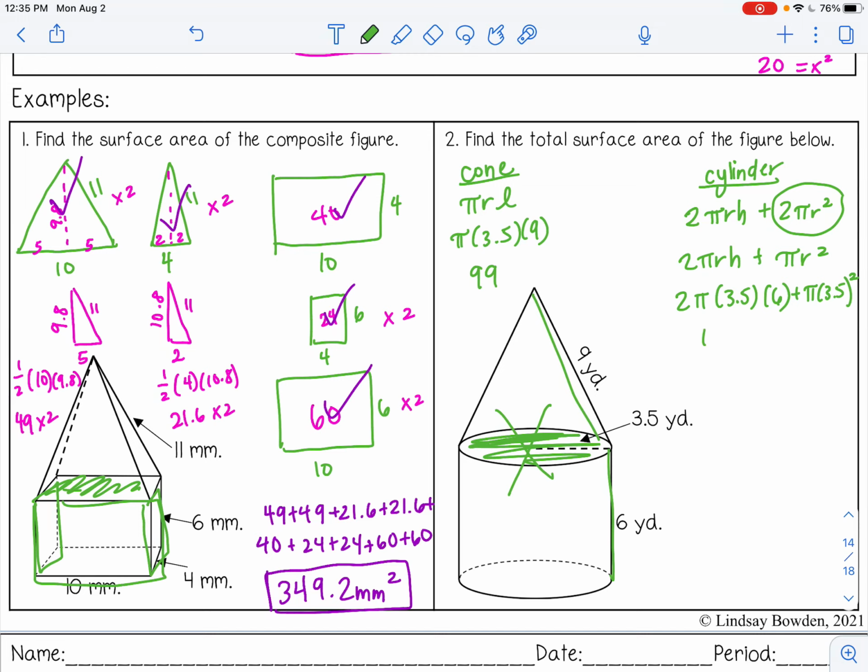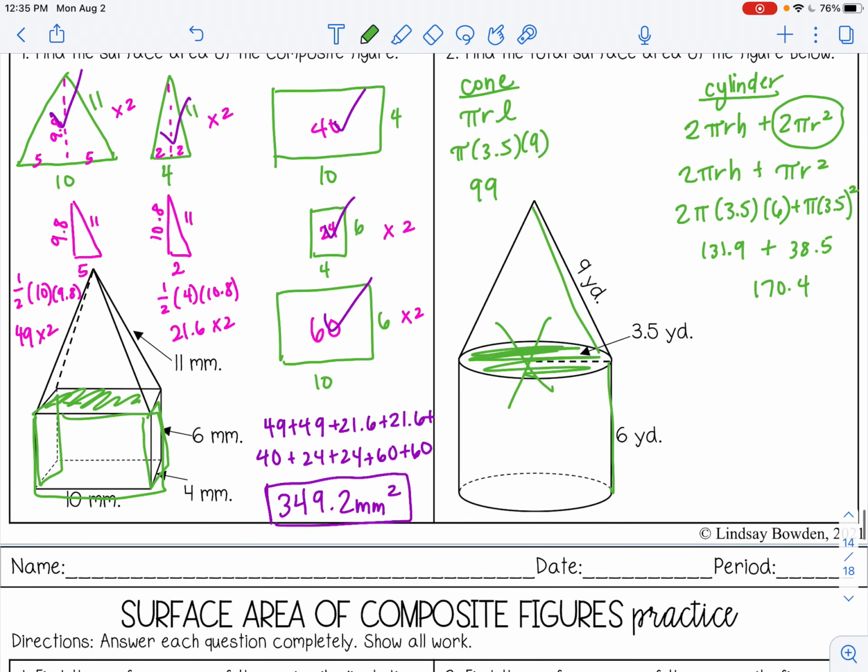That's about 131.9 plus pi 3.5 squared. And then add those together. That gives you about 170.4. And then one last step, we want to add those two surface areas together to get the total for this composite figure, which is about 269.4 yards squared.